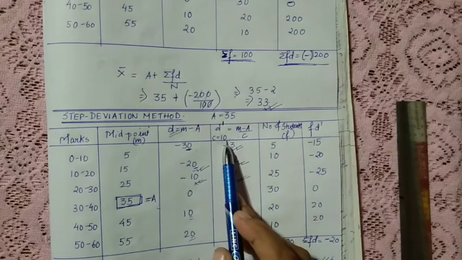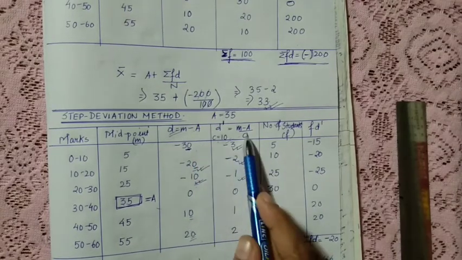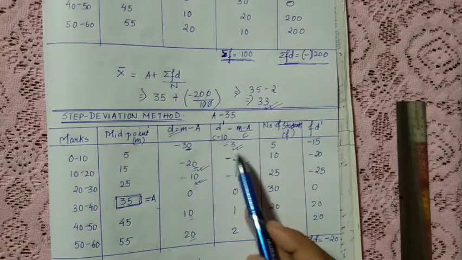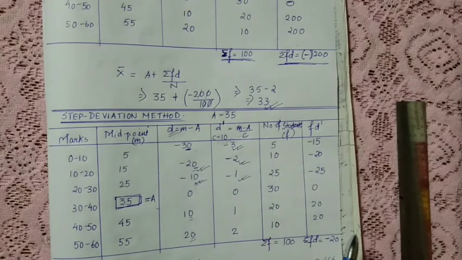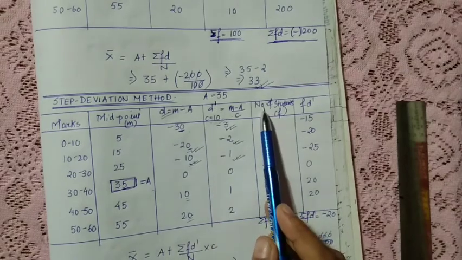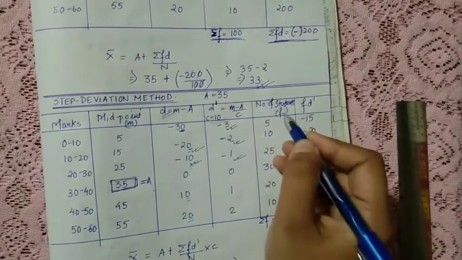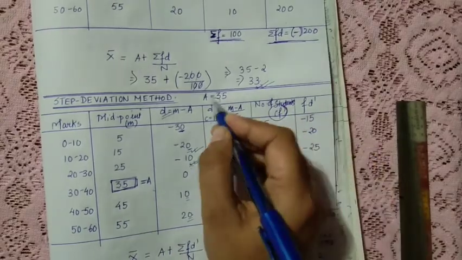So the common factor is 10, so we divide these m minus a values by c, this common factor 10, and we will get these values. Clear? Once you find d dash, note down the frequency values and multiply f, that is the frequency, and d dash.